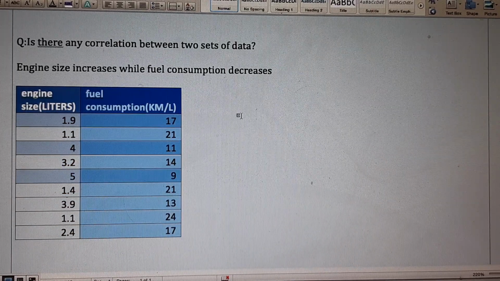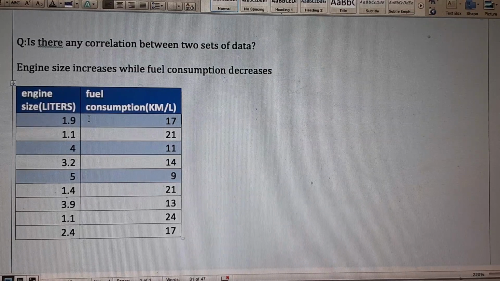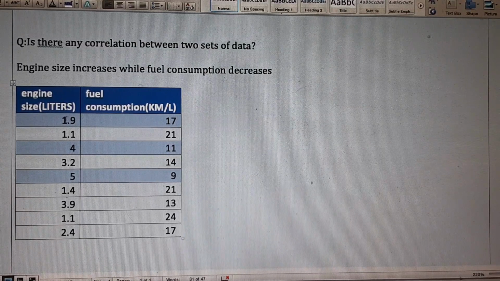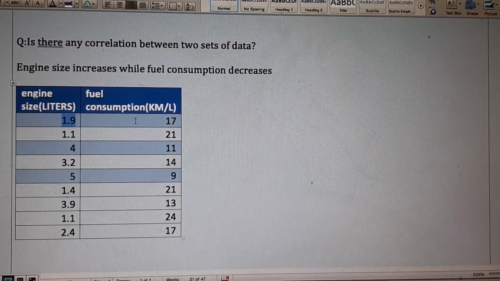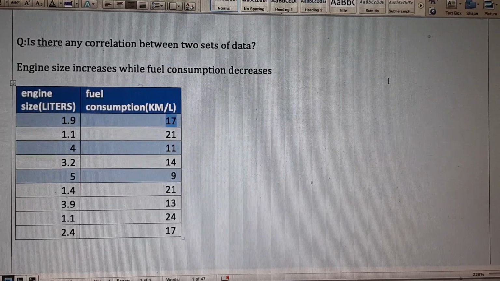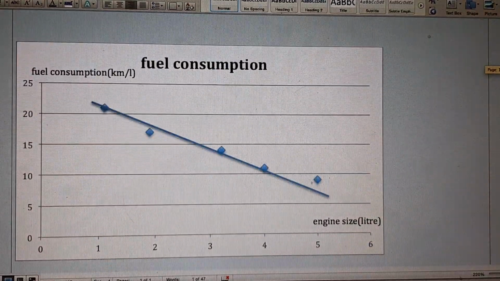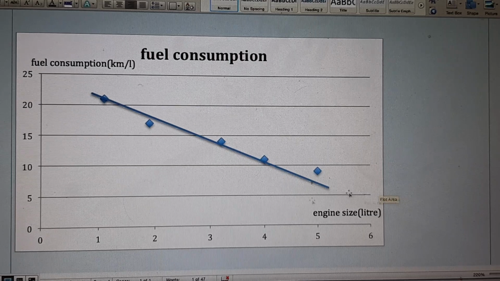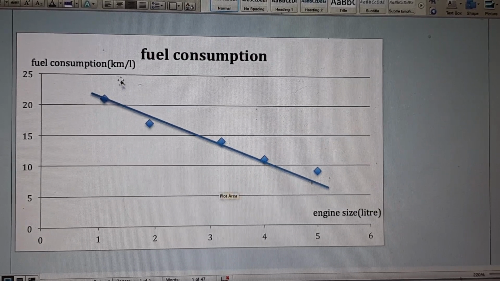which is also given. Now, we can draw a scatter diagram to correlate this data. When engine size is 1.9, fuel consumption is 17, and you can draw that on this graph. In the graph, the x-axis represents engine size, and the y-axis represents fuel consumption.